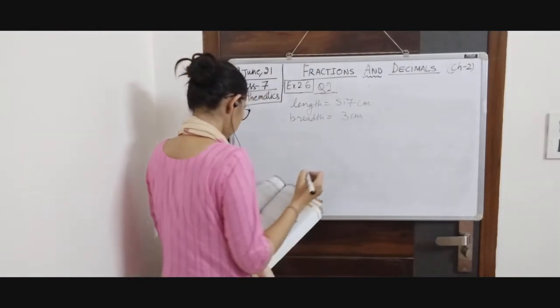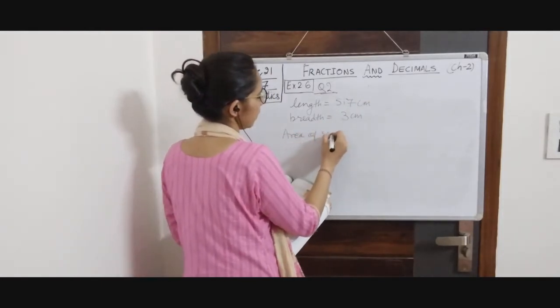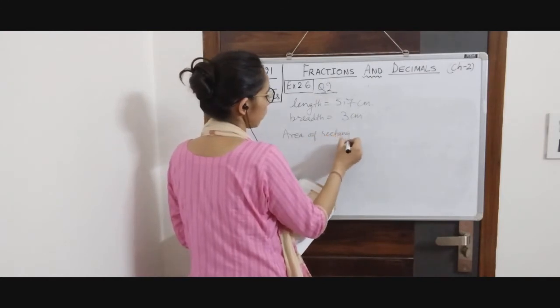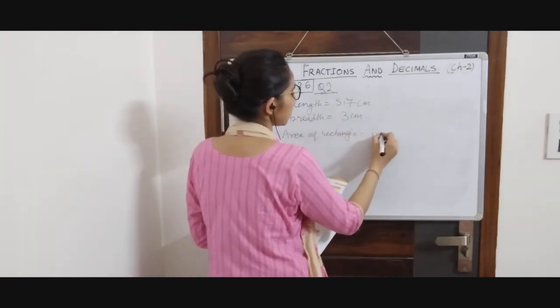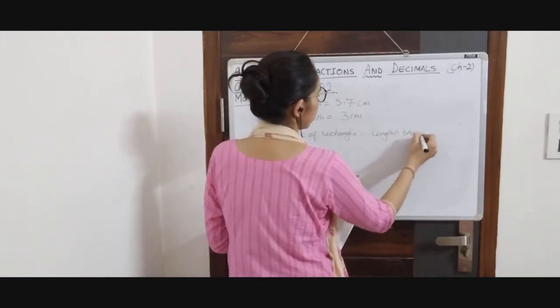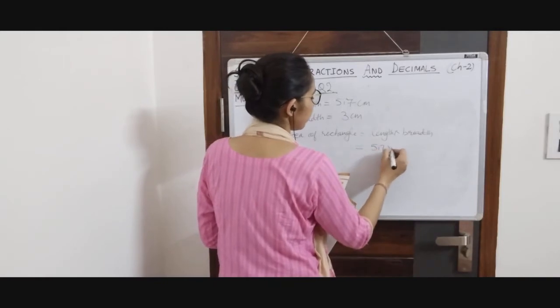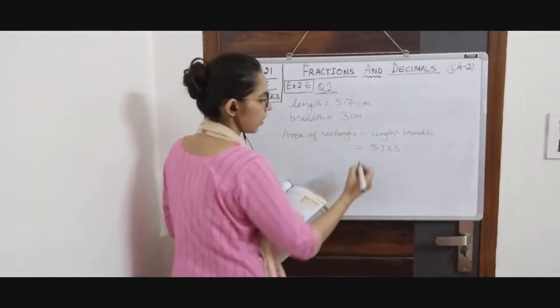Write units also. Then the area of a rectangle will be, what is the formula for the area of a rectangle? It is length into breadth. It means we have to multiply 5.7 with 3 to get the area.